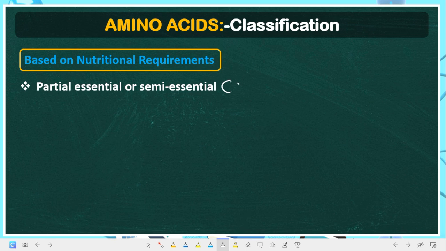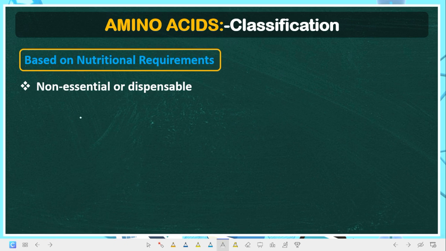So such amino acids are known to be semi-essential or partially essential. They may be essential at the early age of development of infants, but as they become adults, they may not be essential.